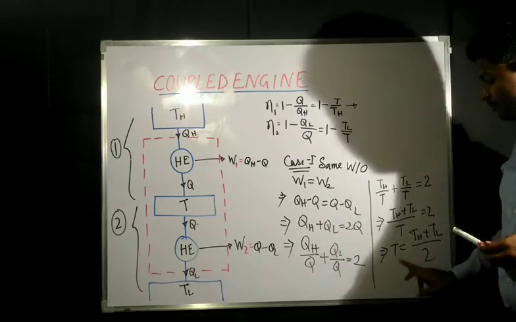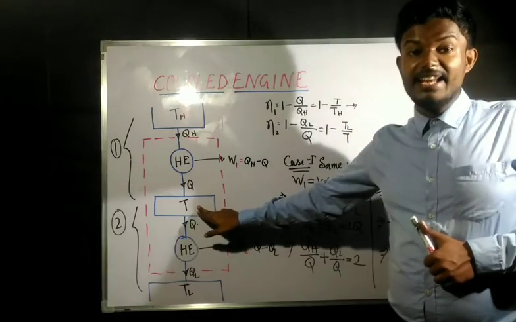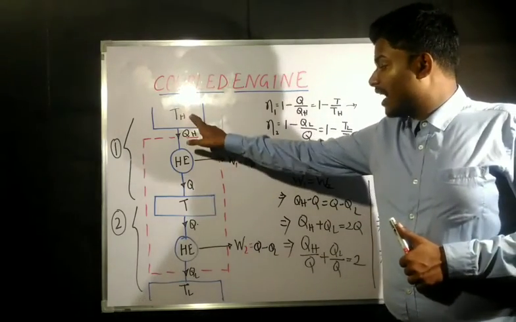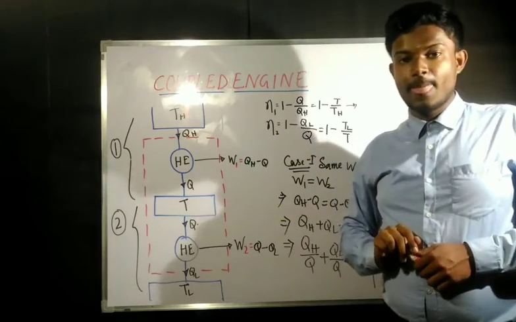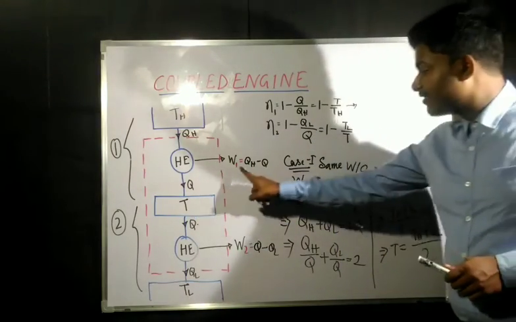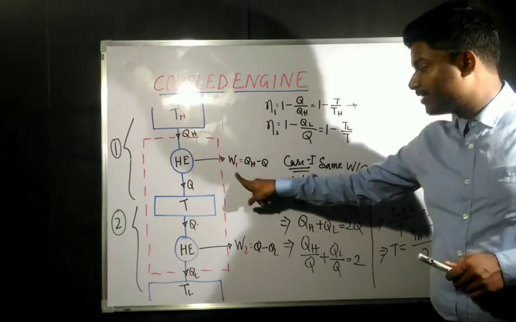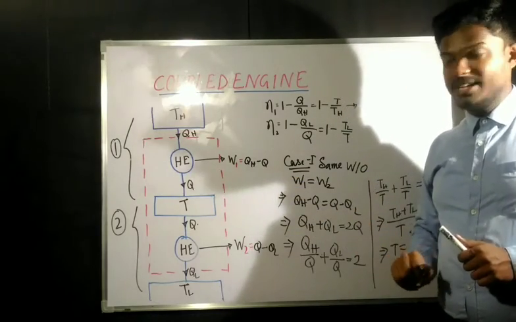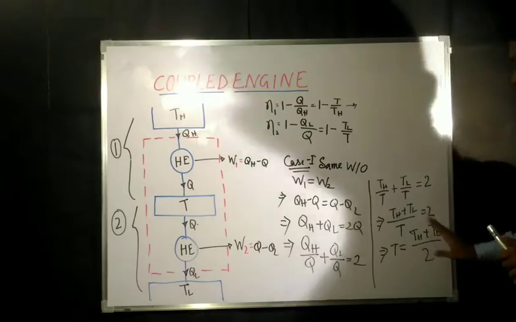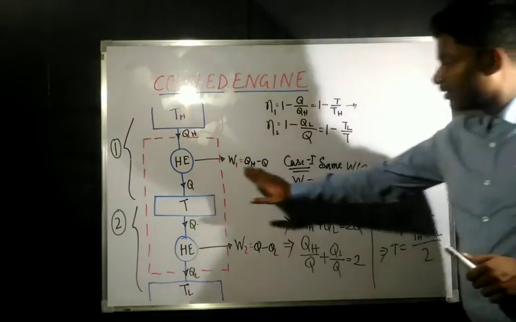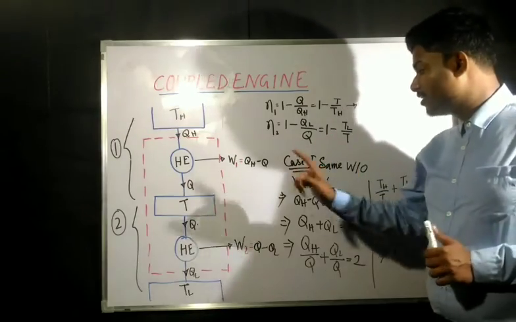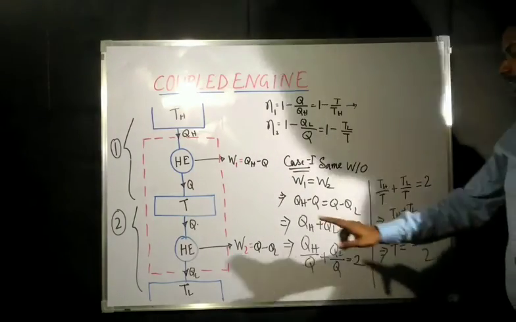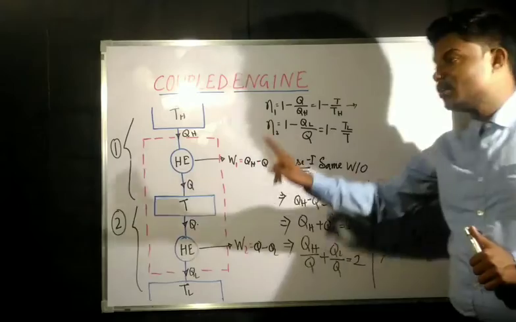That means T must be the arithmetic mean of the highermost thermal reservoir and the lowermost thermal reservoir. To get the same work output from a coupled engine, that is from engine 1 and engine 2, we need to take this temperature as the arithmetic mean.